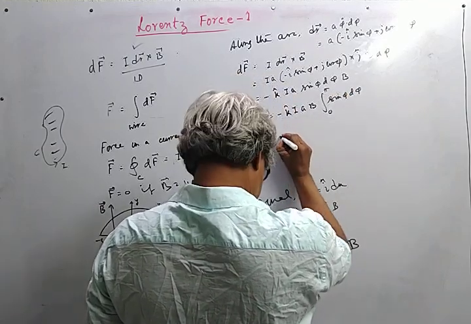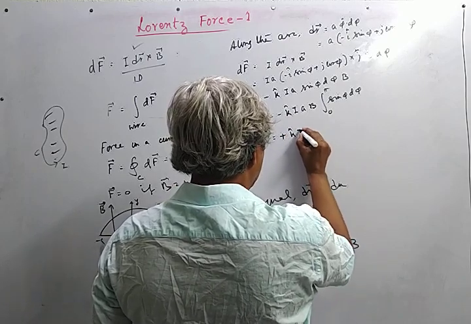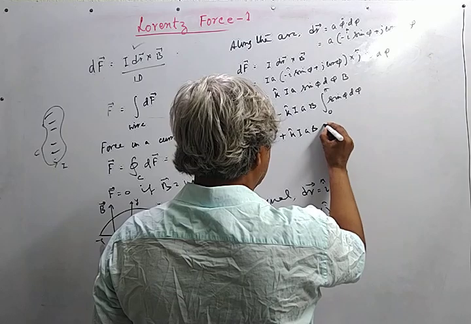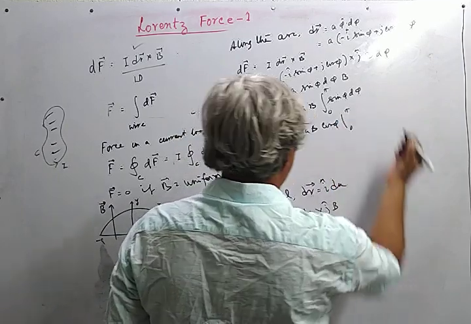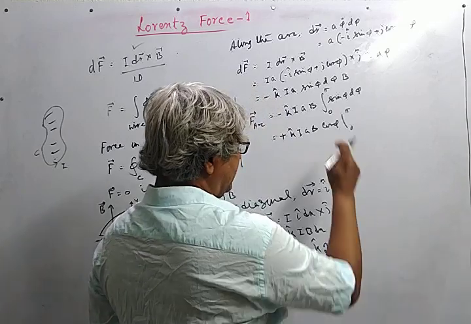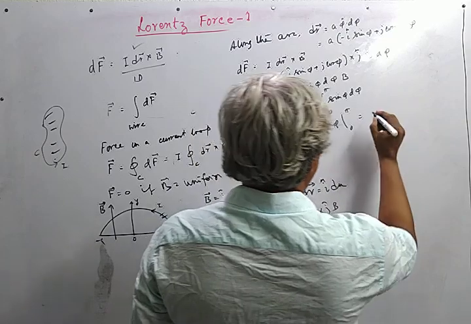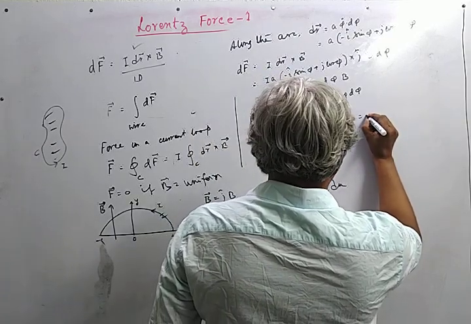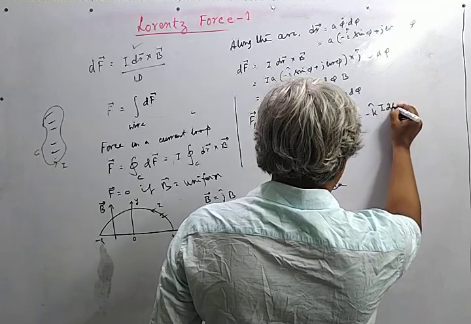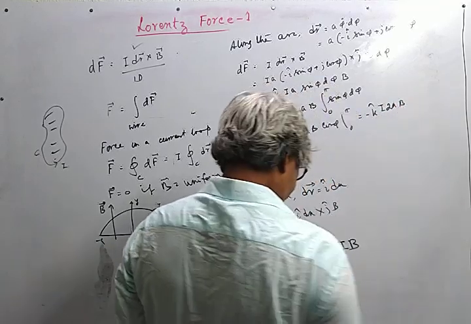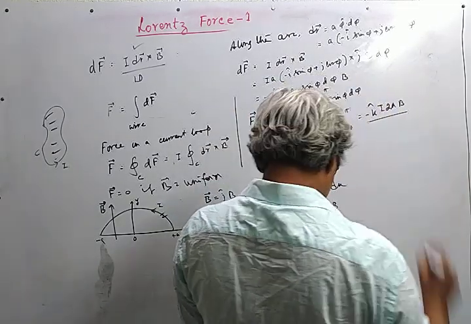This is plus k cap I a B cos phi between the limits 0 to pi, and this part is minus 2, so minus k cap I 2a B. You know that these two are equal and opposite.